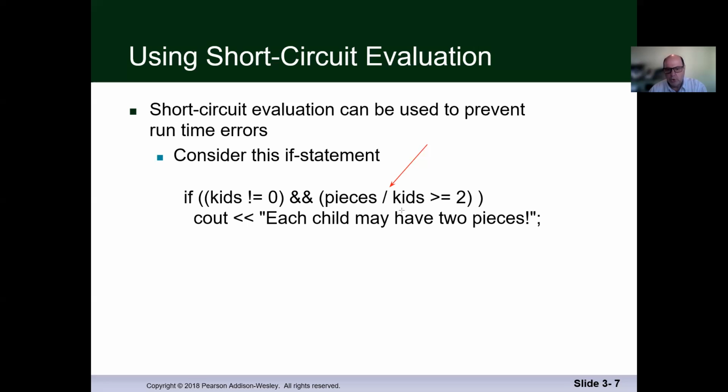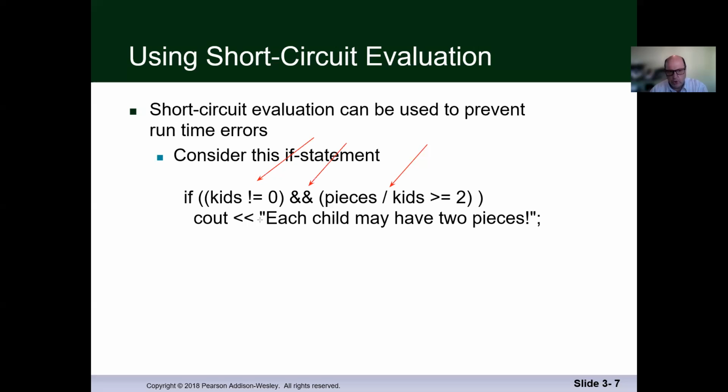So what's going to happen? Let's say that the number of kids is 0. I don't have any kids. If we run this, then we're going to have division by 0. So what do we do? We put this one in here, and we do the AND.